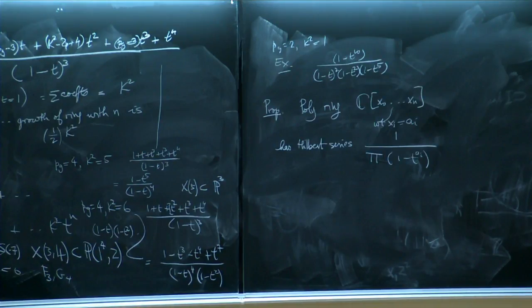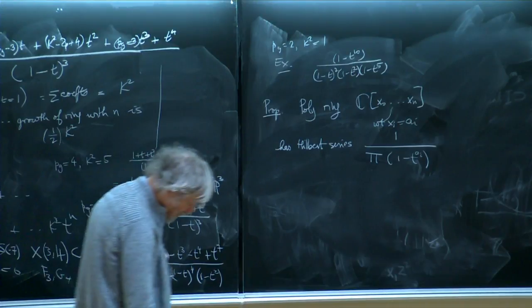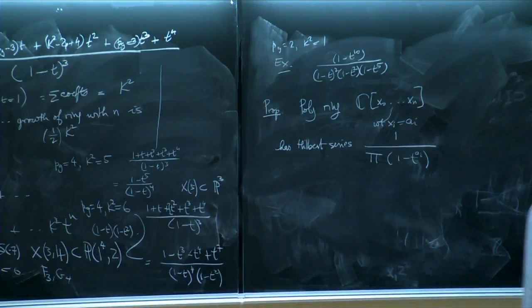You can apply this where all the ai are 1, and then you just get the formula that everybody knows and loves for the number of forms in each degree. This is basically the same as the proof of the binomial theorem that you give to undergraduates. So binomial coefficients arise exactly because they're Hilbert series here.